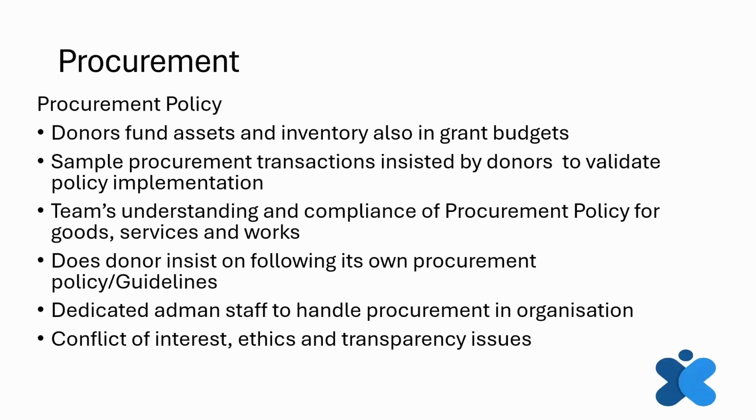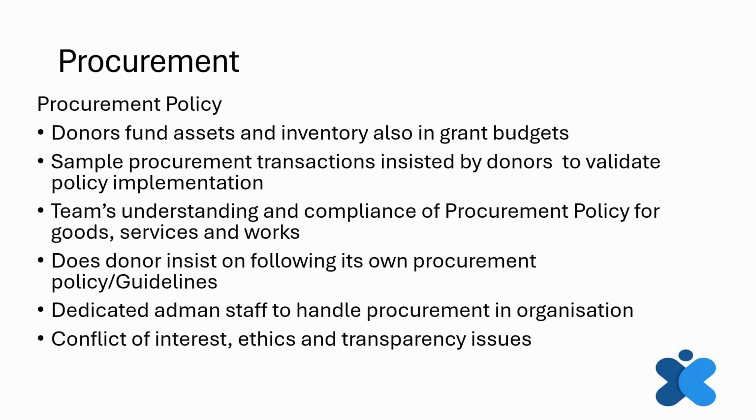Procurement. Now, why is procurement so important for donors? Procurement will again be part of the functional cost. It helps you to deliver the program. You need to purchase certain items or goods which are needed for this particular program.